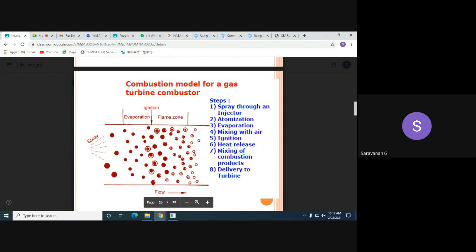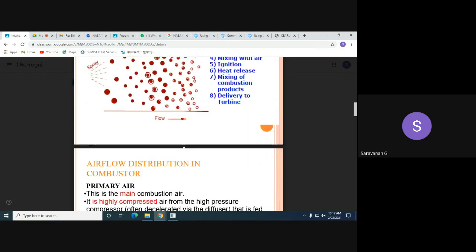Then ignition takes place, releasing a high amount of energy in the gases. The products can be mixed again with the fuel droplets to enhance the process. At the end, we get the required exhaust gases flowing into the turbine. This is the combustion process in the combustion chamber.